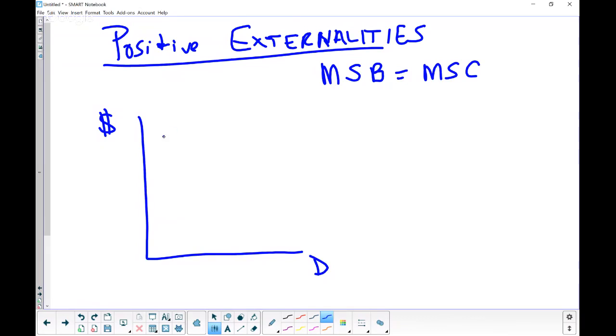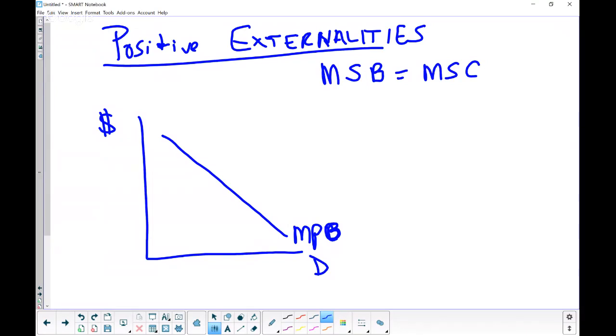So, for example, in this case, we're going to do what's called the marginal private cost. This is what we pay for flu shots or a vaccine. This is the, I'm saying cost and I meant to say benefit. Sorry. Marginal private benefit, right?